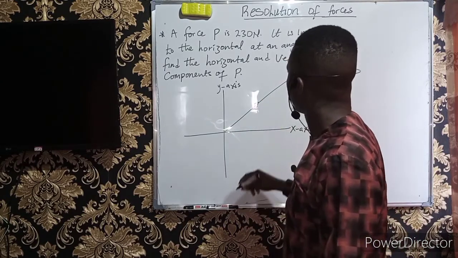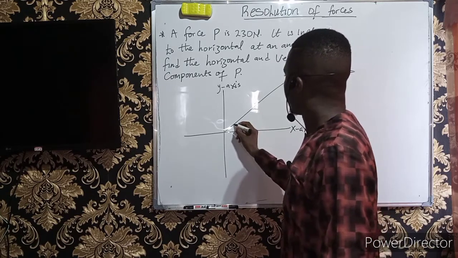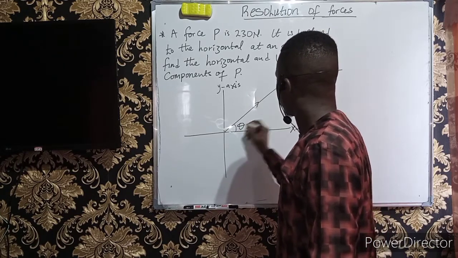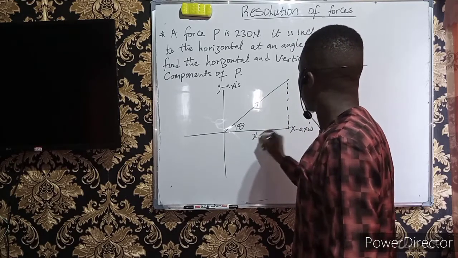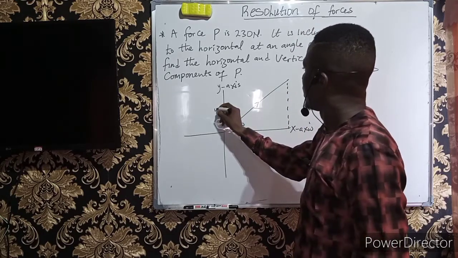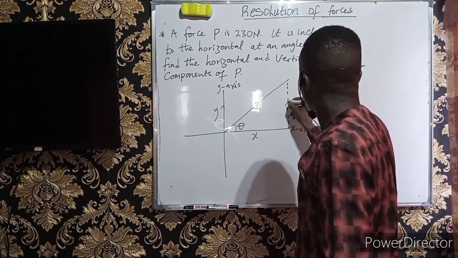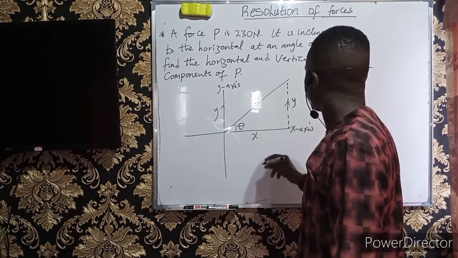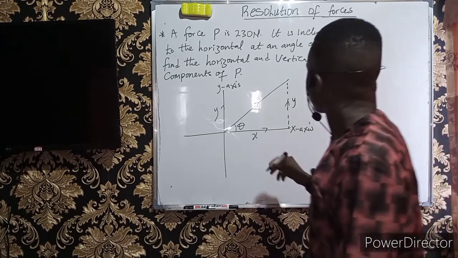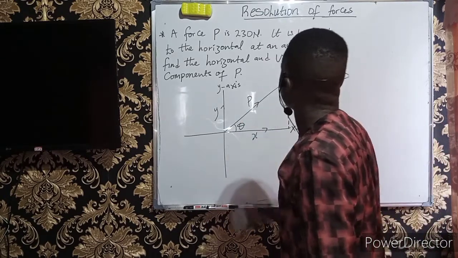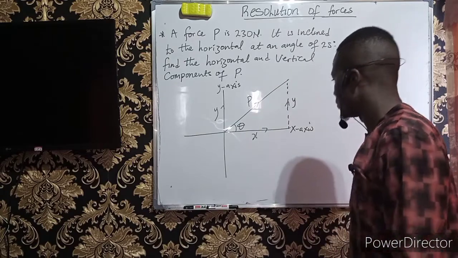Supposing there is a force here, and that force is inclined at an angle theta. You can see that this is our x component and this is our y component.